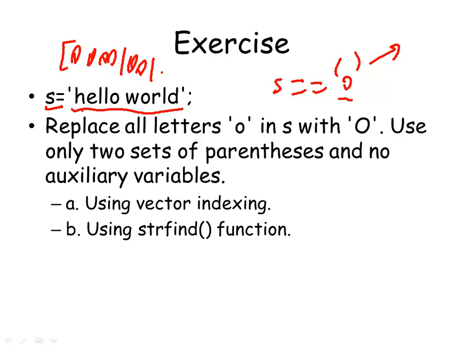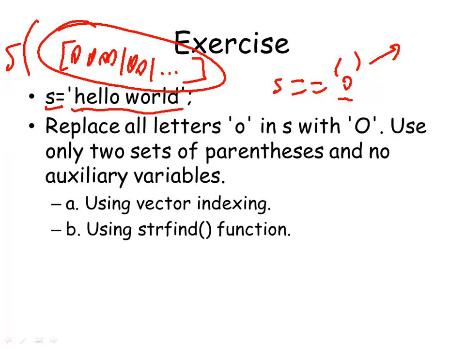Okay? So you get a true-false map that tells you where the small letter O is located. And then I can take this logical vector and use it as an index into S. Okay? So this map will be overlaid with the string S, and I would be only operating on the portions of S that contain a true in this logical vector.